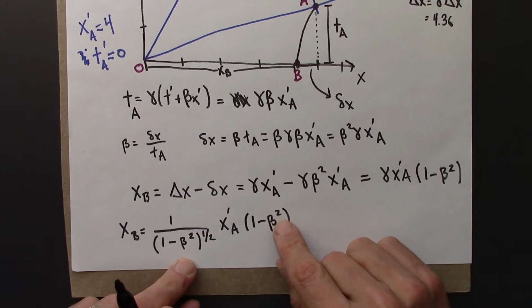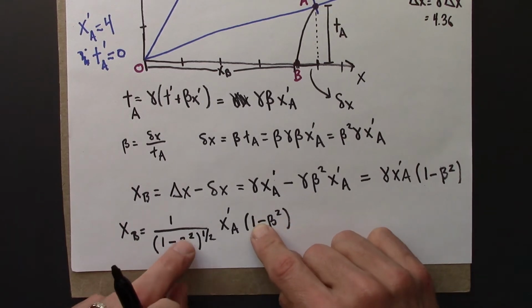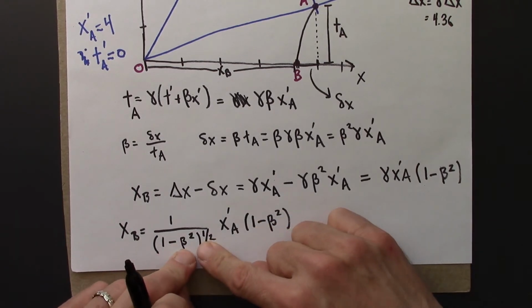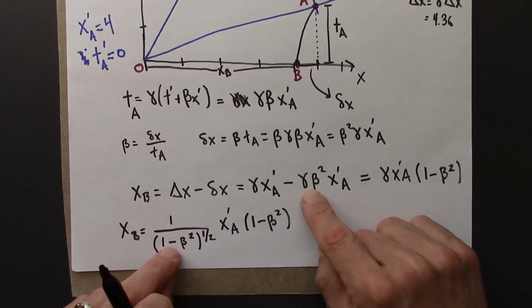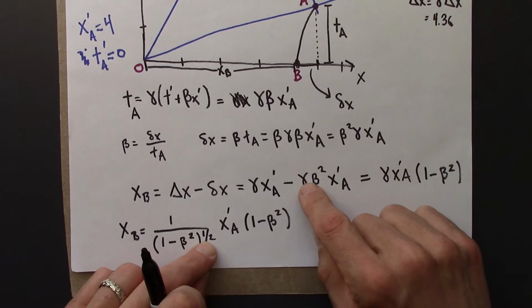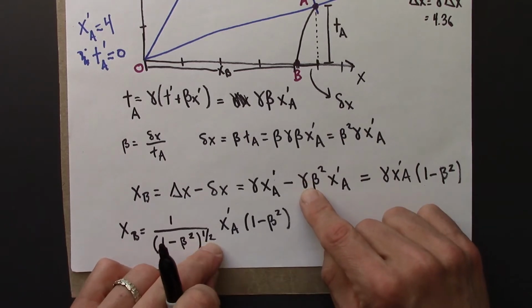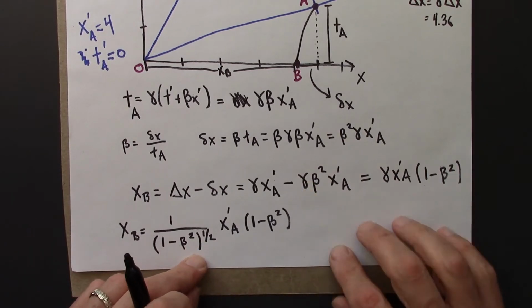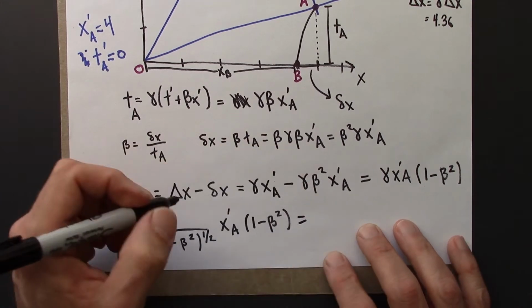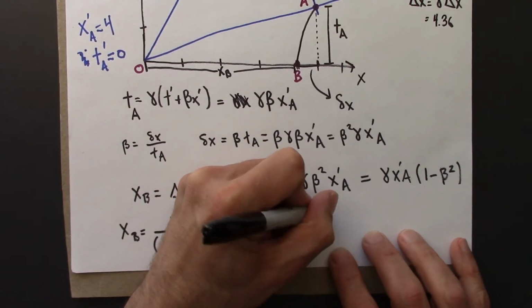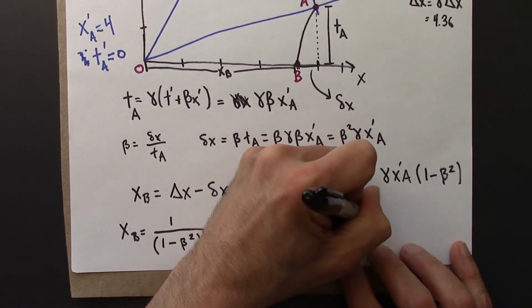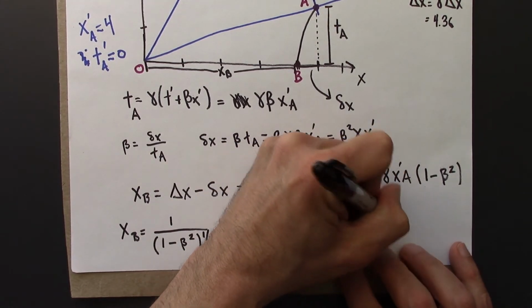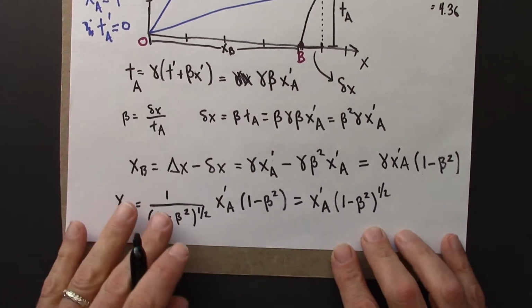Hey look, we've got a blah divided by a blah to the half. So this is blah to the 1, and this is blah to the half. So we subtract exponents. 1 minus a half is a half. So this is just x prime A times 1 minus beta squared to the half.